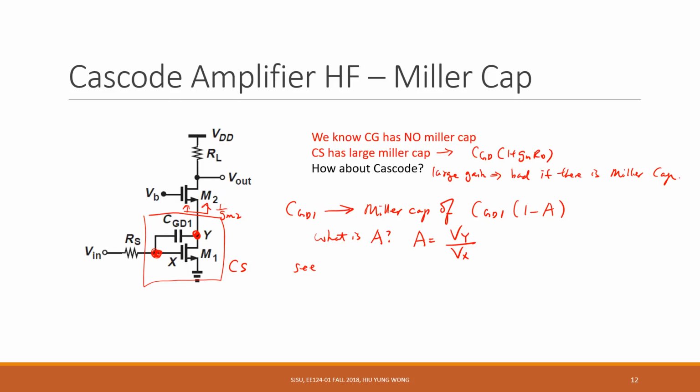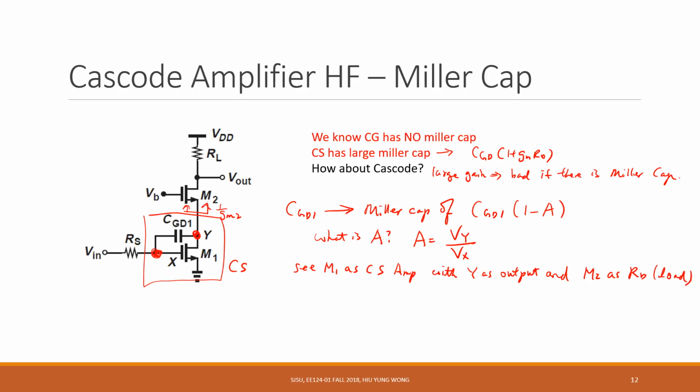See M1 as a common source amplifier with Y as output, right? Is it correct? This is the input, so this is the output. And M2 as RD, the load.